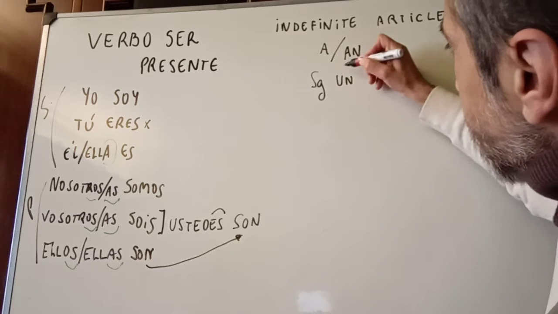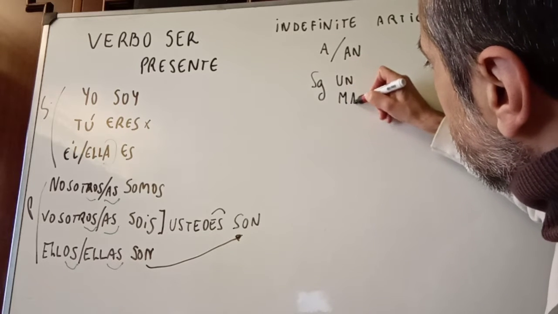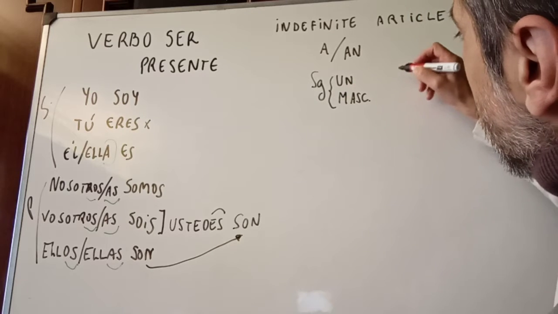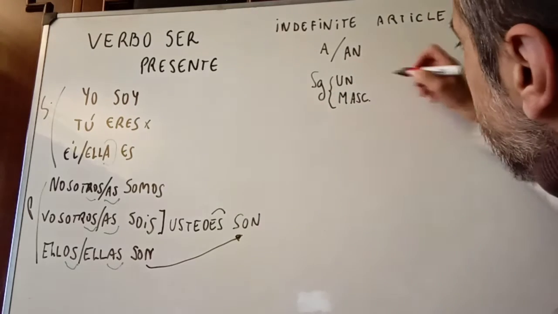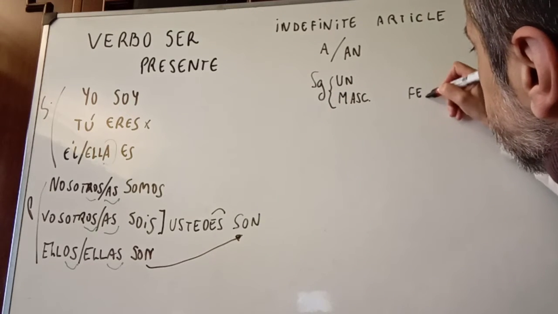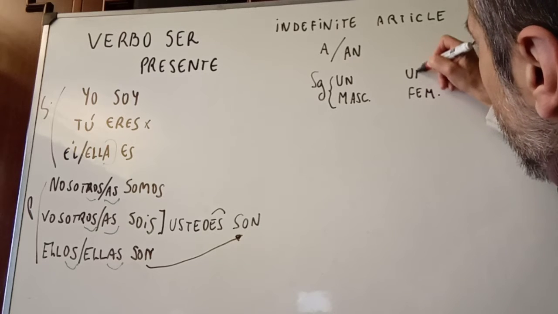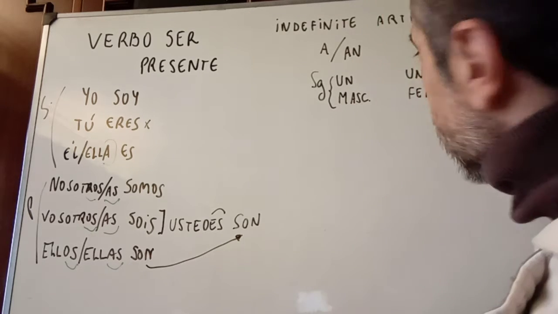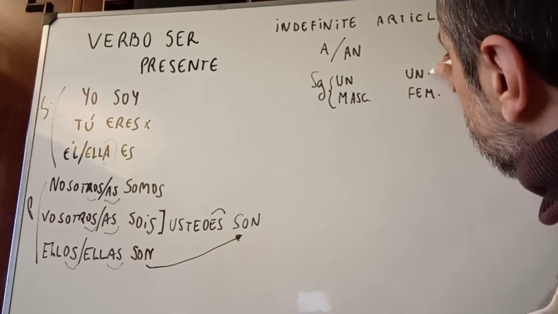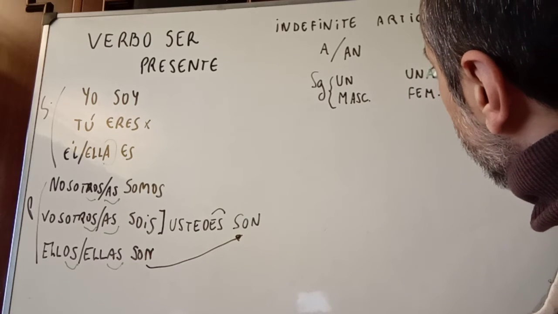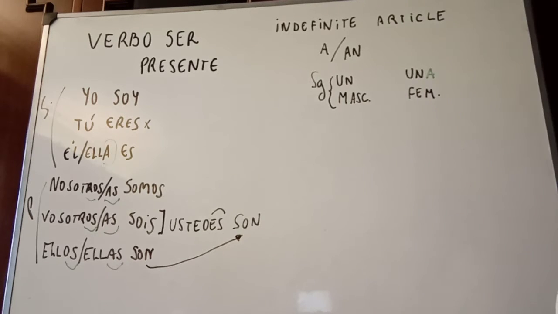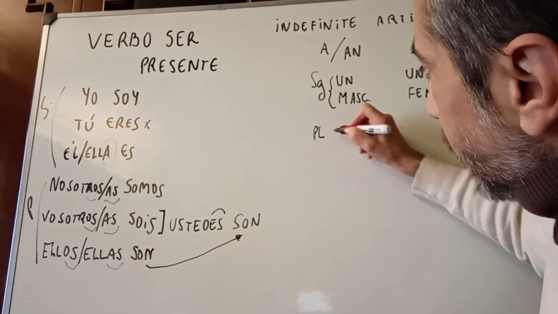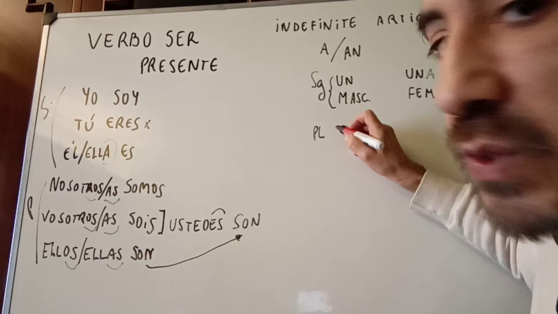So this is masculine and singular. Singular feminine, we add the typical letter related to feminine gender, una, una. In Spanish, we do have plural forms for this, and we use them a lot.